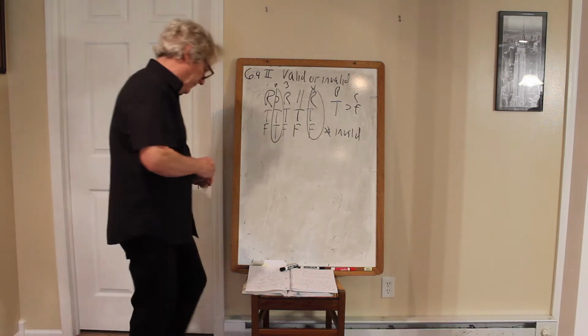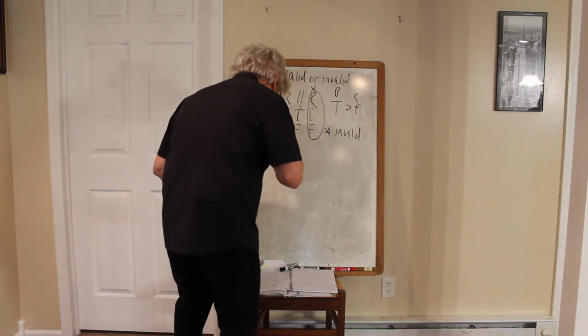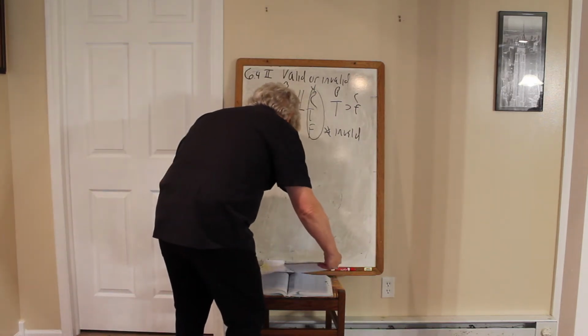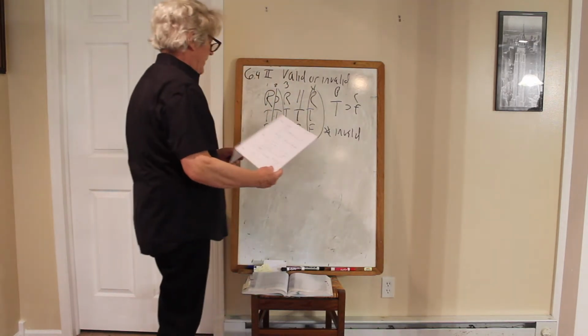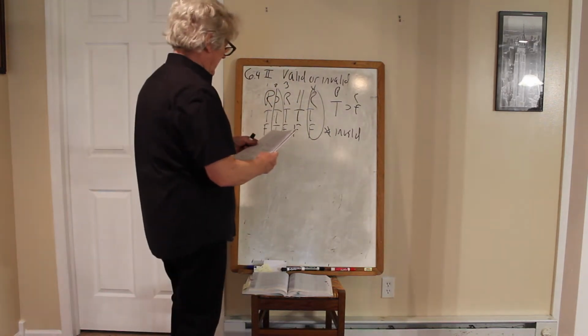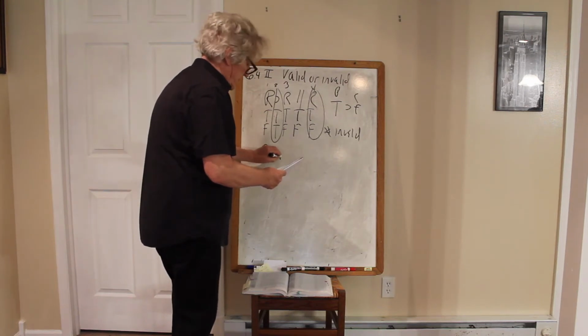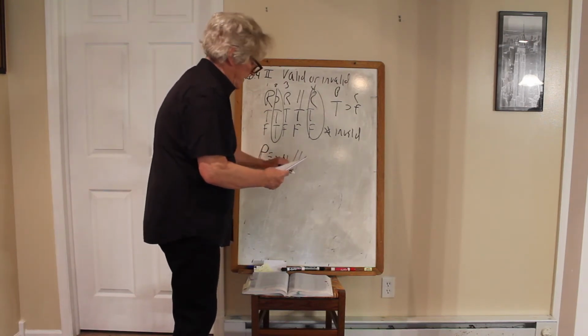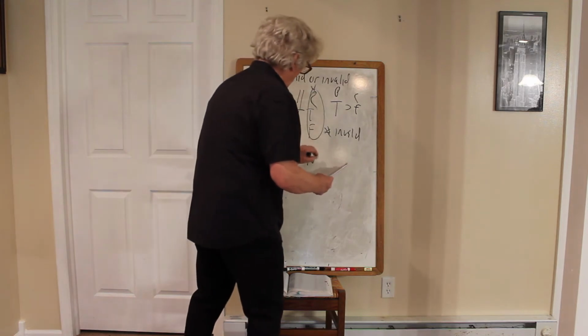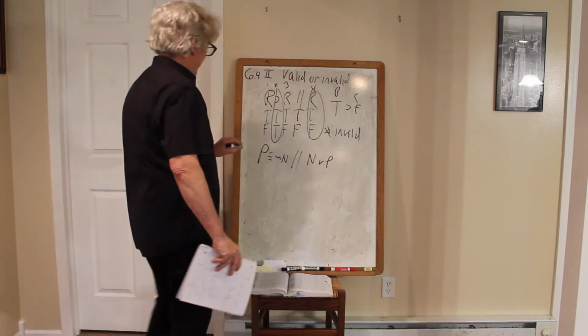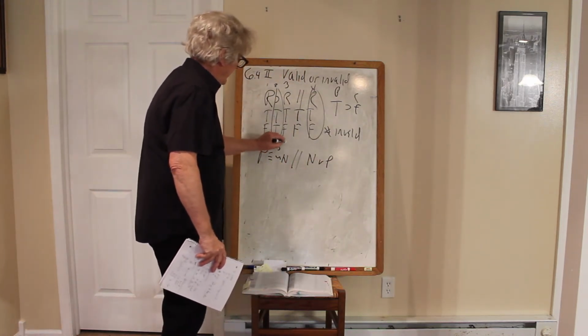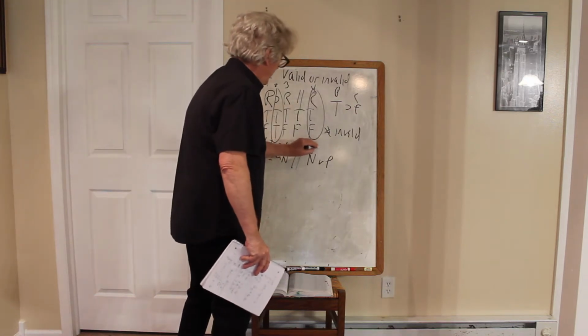Let's try number 2. Number 2 says that you have P is P triple bar, not N. Therefore, N or P. Okay, so I don't mind numbering the columns here.